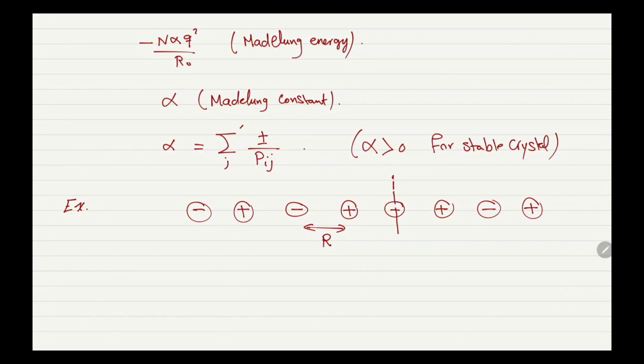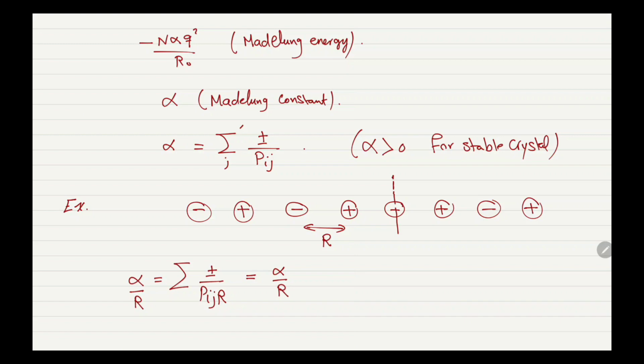So let's take the reference to be the negative ion. Remember, the Madelung constant equals the summation over all ions of plus or minus over p_ij over R. So let's do this.